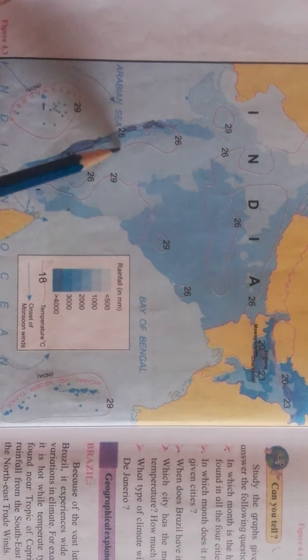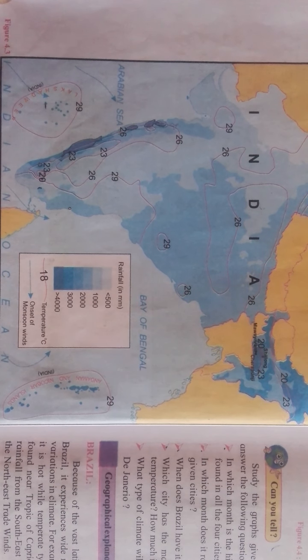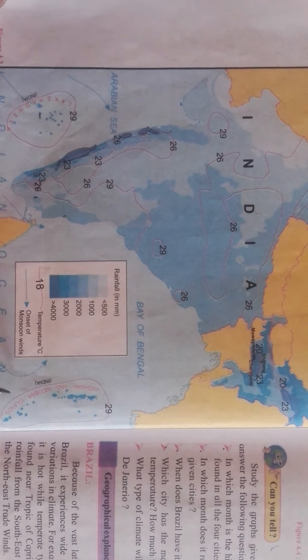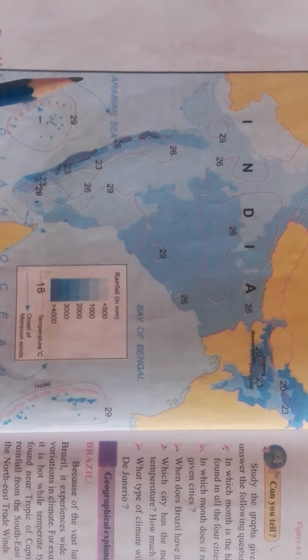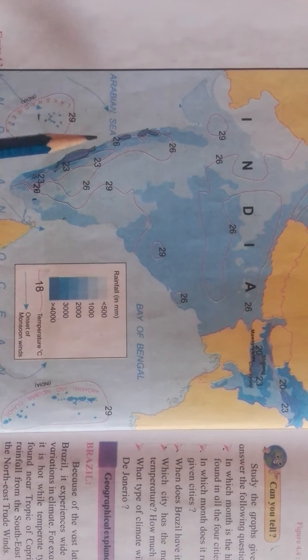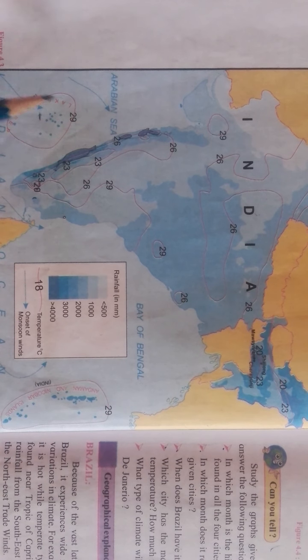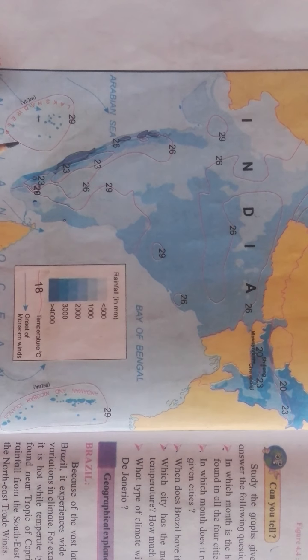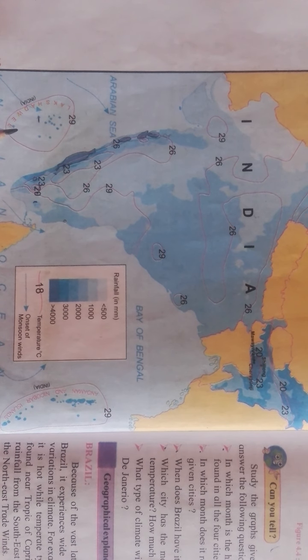We can see arrows showing the onset of monsoon winds. The direction of the winds shown is from southwest to northeast. These are called southwest monsoon winds.